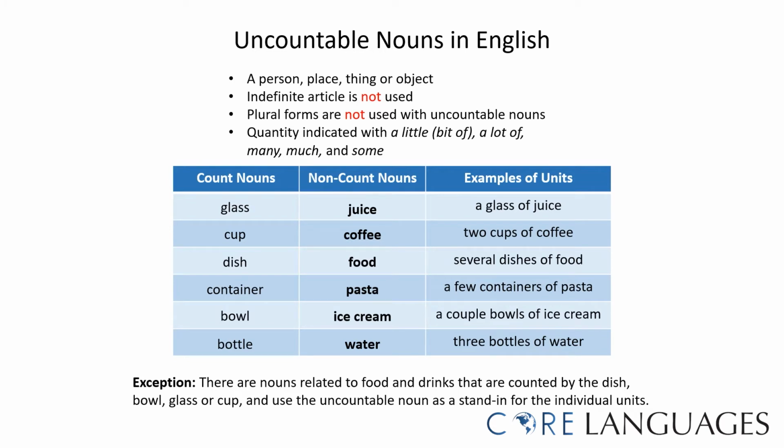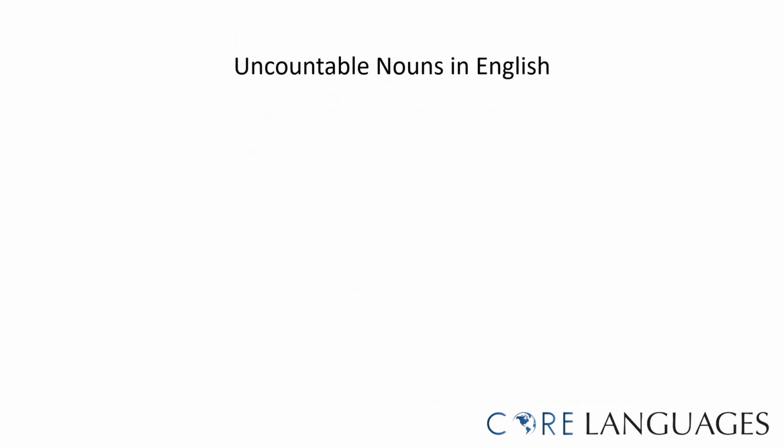There are nouns related to food and drinks that are counted by the dish, for example, a bowl, a glass, or a cup, and we use the uncountable noun as a stand-in for the individual units. Uncountable nouns are usually representative of a group of nouns or category, such as clothing, food, water, or feelings.